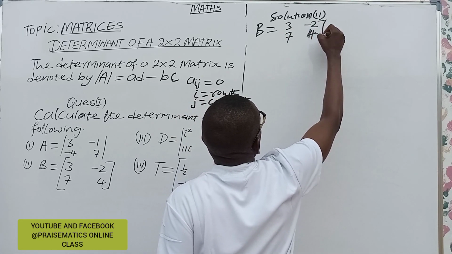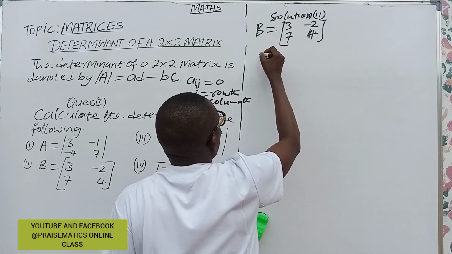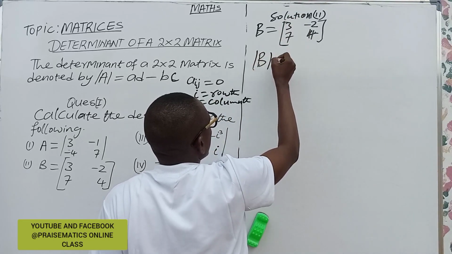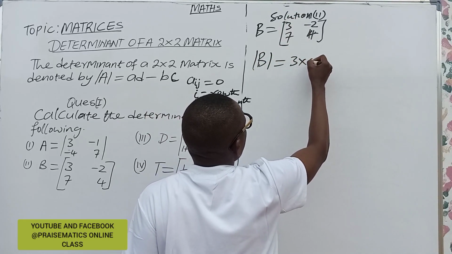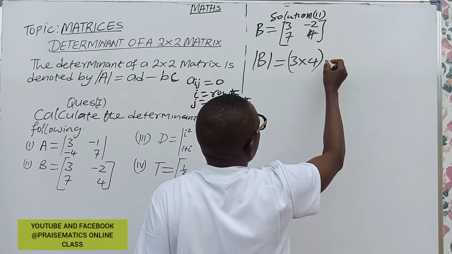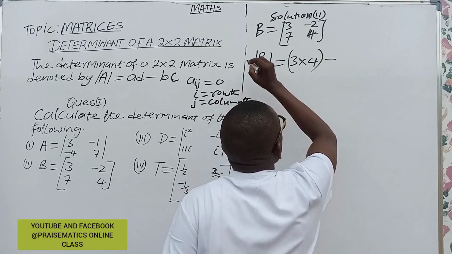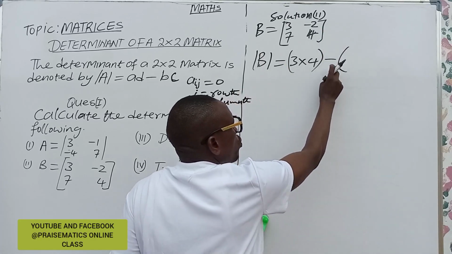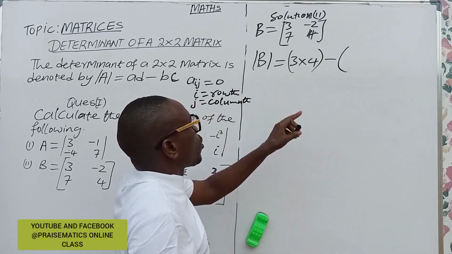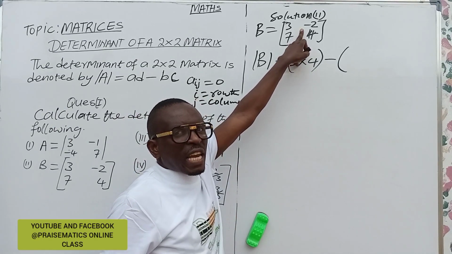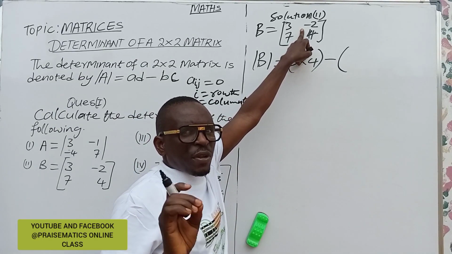Okay, we are going to look at the B determinant. B determinant will be 3 times 4, bracket close, minus this times this. You need to be using brackets, because you will be seeing some of the entries bearing minus.